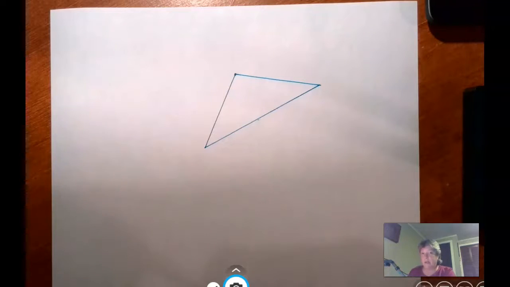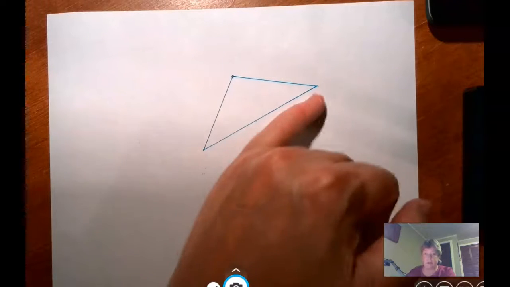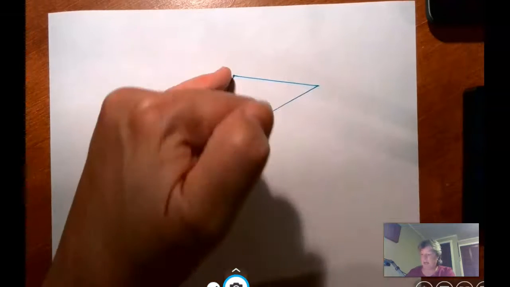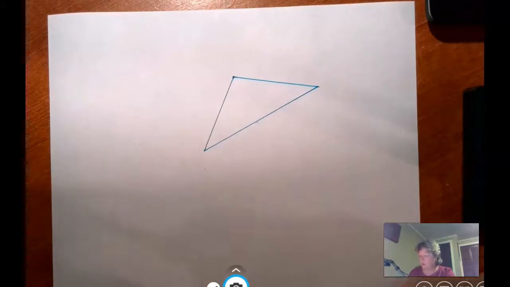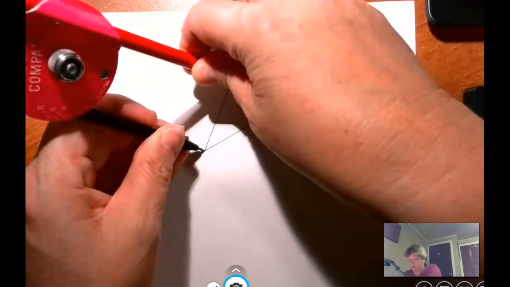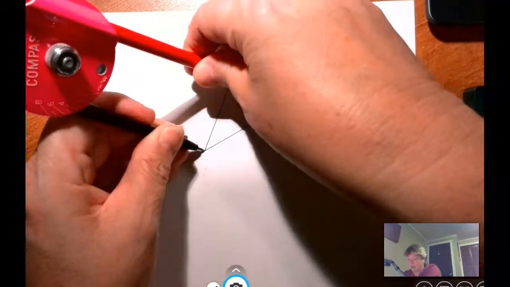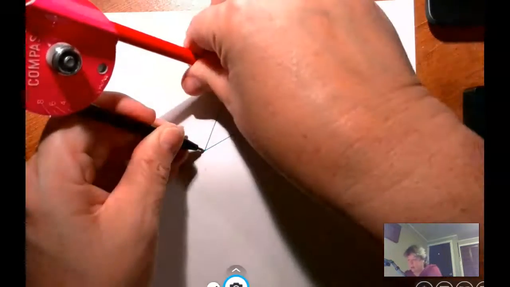So I'm going to show you the alternative way to construct something that's perpendicular to a given line or segment that passes through a given point. So I'm going to open up my compass. I'm going to put the center of my circle right on one end of the side, and I'm going to measure out that distance right there.